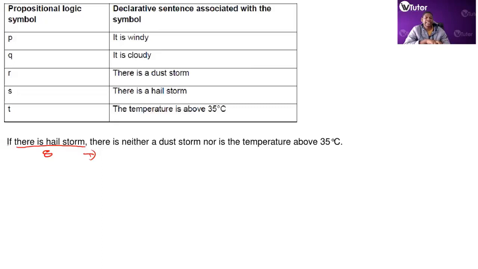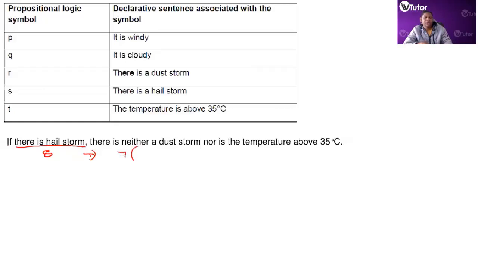So what does it say? If this is true, then it is not true. We want both of these to be false. There is no dust storm and the temperature is not above 35.